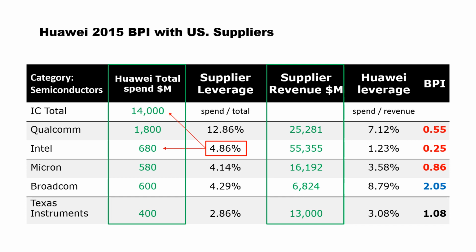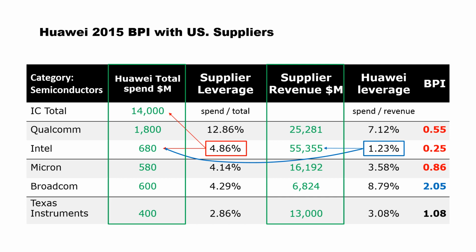So, for example, Huawei's leverage over Intel is $680 million over $55 billion, which is 1.23%. And finally, the BPI for Intel and Huawei is 0.25, which implies that Intel has a bargaining power over Huawei.